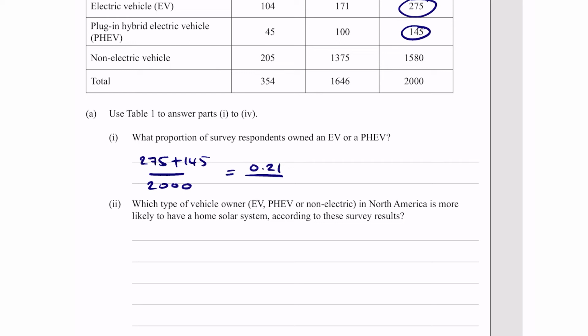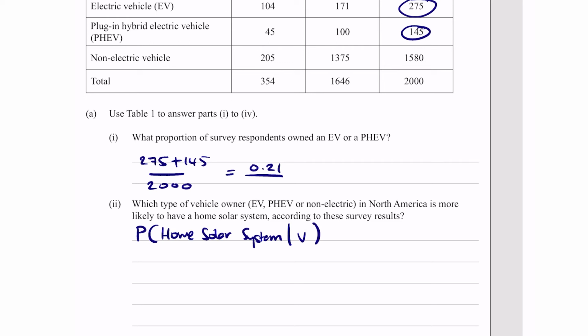So essentially, if we know what type of vehicle they have, we can condition on that and find out if they have a home solar system. So essentially what I'm saying here is the probability of having a home solar system given that they have some vehicle.